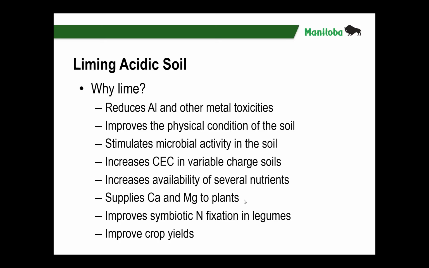The calcium and magnesium that are in that lime product are also considered nutrients, and so they can help supply some of that nutrient to the plant. We end up, again, not just with higher microbial activity, but more of that potential for nitrogen fixation in legumes because those microbes prefer the higher pH. And generally speaking, this can improve crop yields.